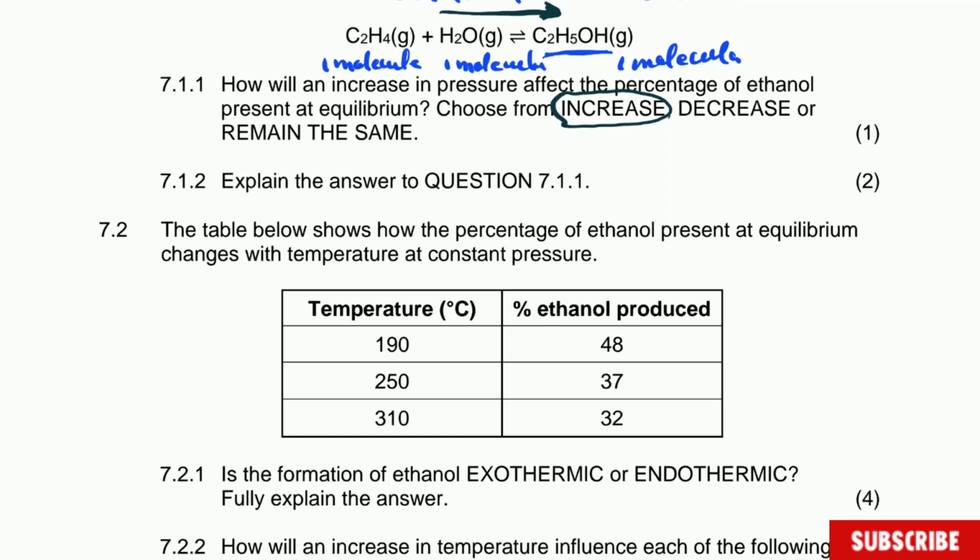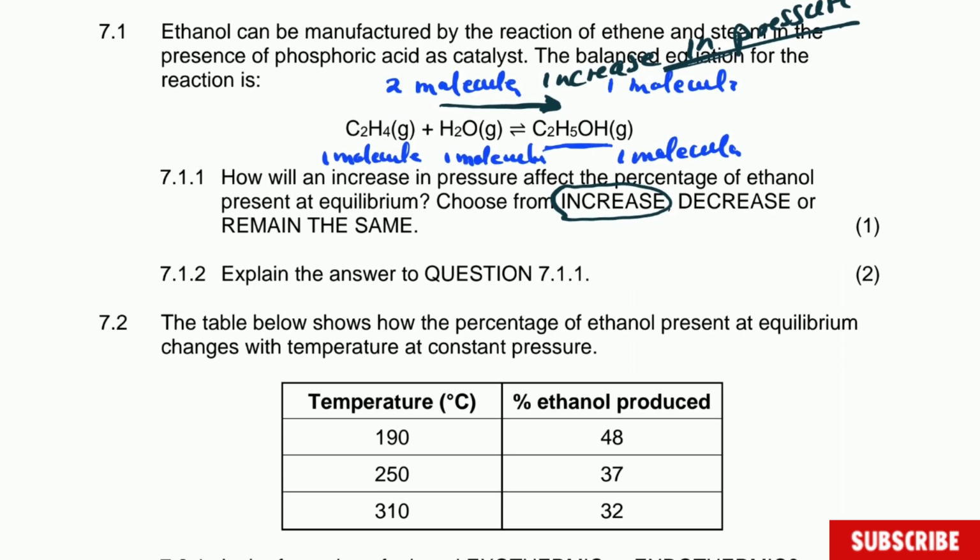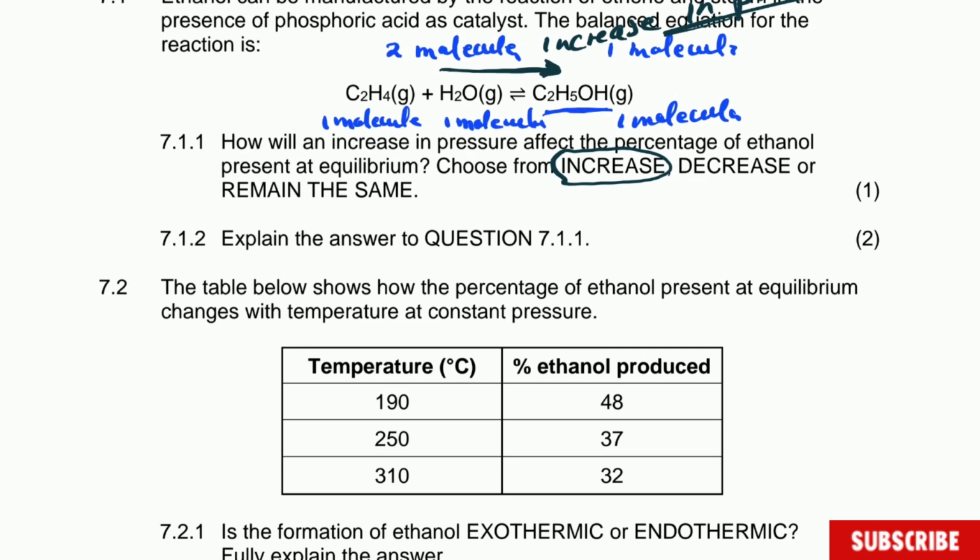Question 7.2. The table below shows how the percentage of ethanol present at equilibrium changes with temperature at constant pressure. You can see that if they keep pressure constant, the amount of ethanol decreases as temperature increases.